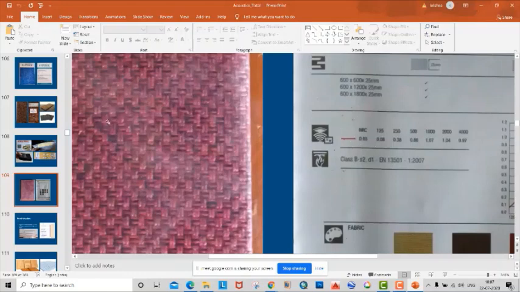This is a kind of textured material, you can see the red color, and we have a detailed description of it for different frequencies. What is the sound absorption coefficient? For 125 Hz you can see 0.08. That means only 8% of energy is getting absorbed, so that is not acting as a sound absorber for lower frequency.